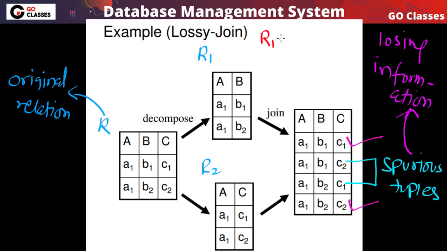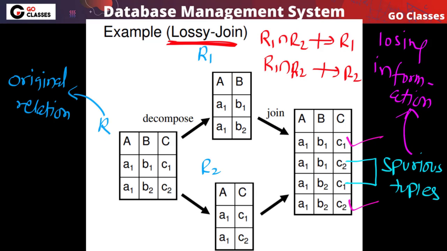So R1 intersection R2 does not determine R1, and it is also not a super key in R2. That is the reason we are getting a lossy decomposition.